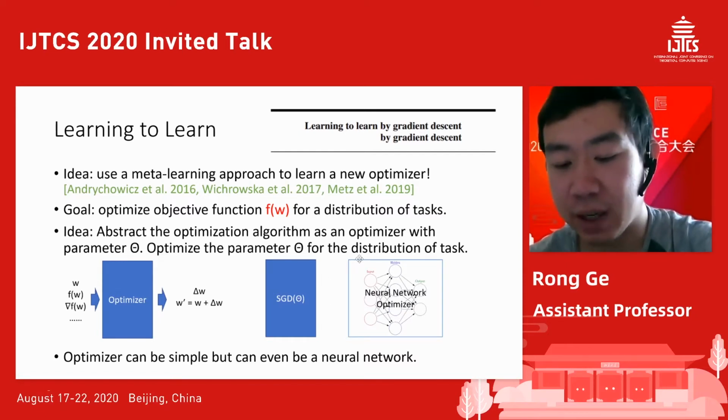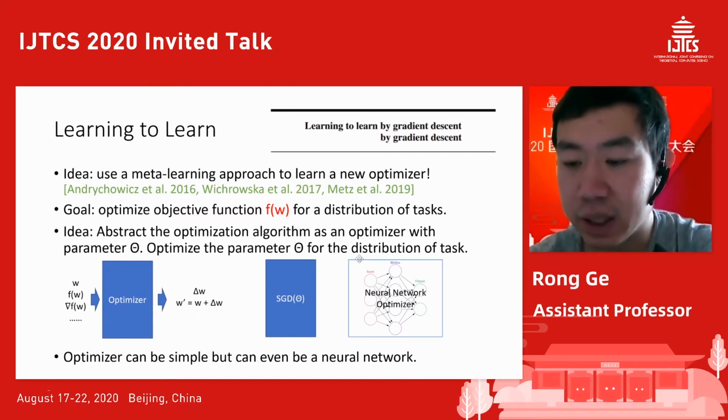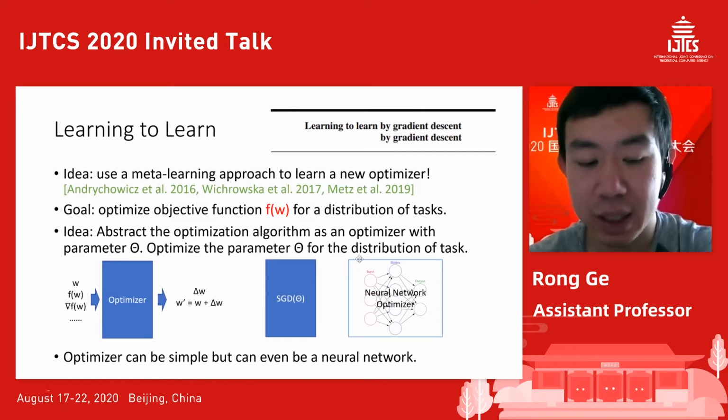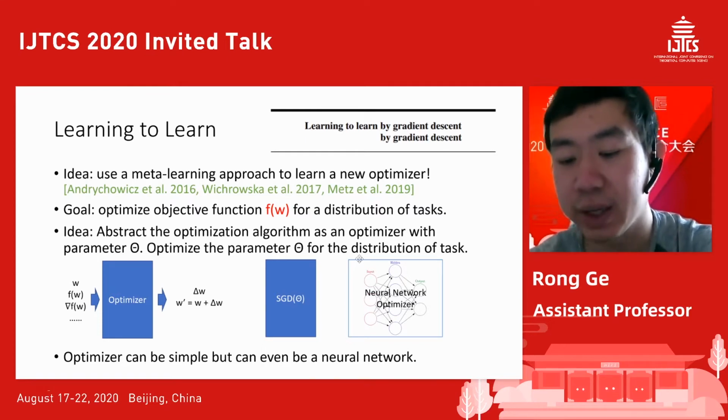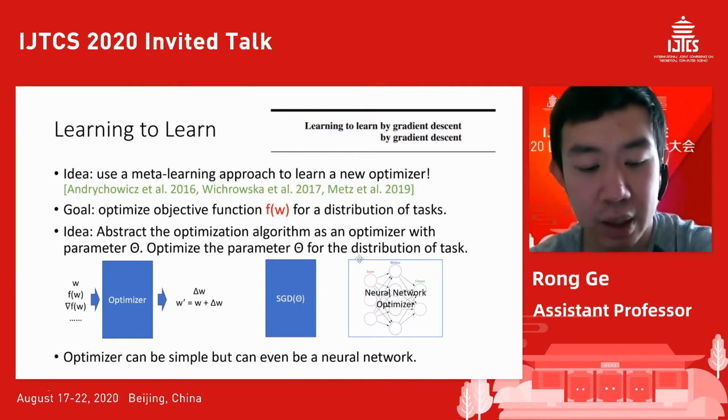In the case of gradient descent or stochastic gradient descent, there's only going to be a single parameter theta, which represents the step size, and the direction is always either the gradient of f of w or the stochastic gradient at that particular iteration.